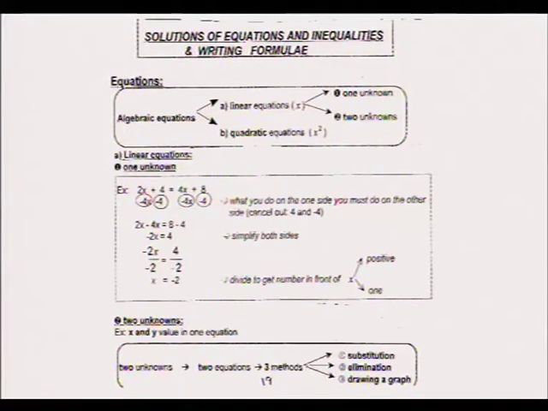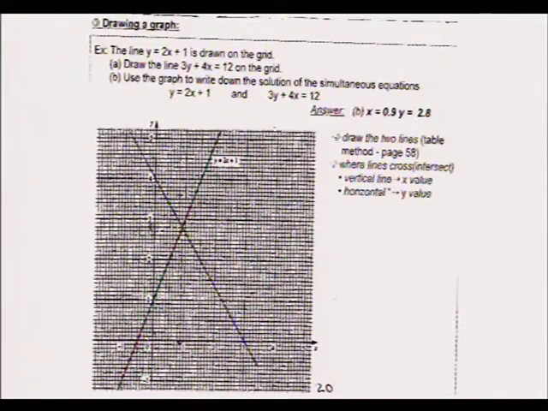Then we have equations, linear equations. There's 1 unknown, and quadratic equations, which have x squared. There you see that one. Linear equations, number 1. Okay, I think we all know this. When we have 2 unknowns, we have 2 equations, and there are 3 methods: substitution, elimination, and then we can draw a graph.